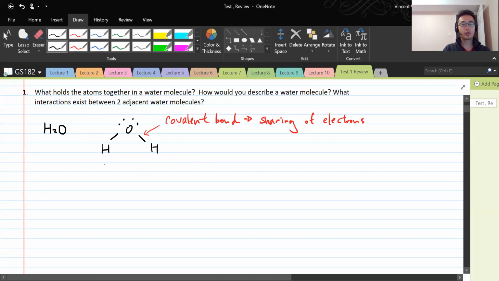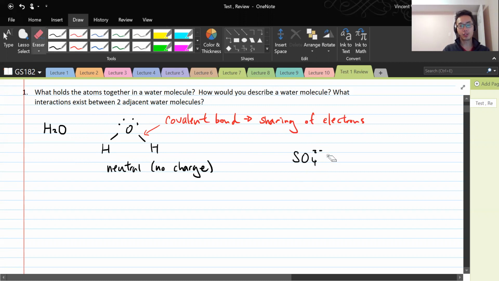Now, how would you describe a water molecule? Overall, the water molecule is neutral. Okay, neutral. Neutral means no charge, right? In chemistry, I believe you probably have learned about things like sulfate, SO4 2 negative, right?